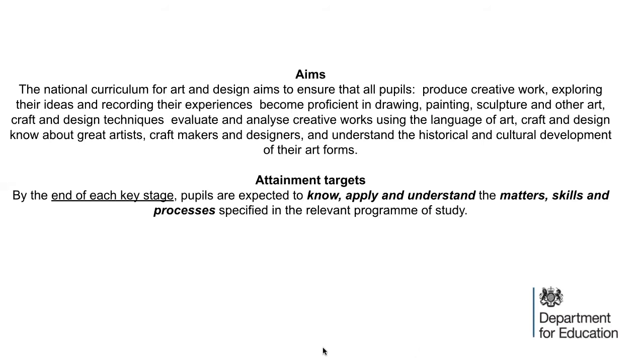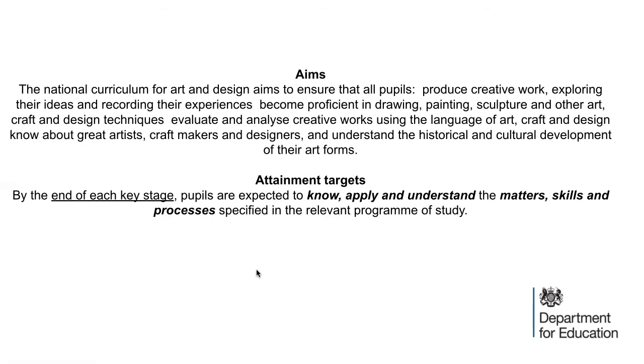So you're probably familiar with the DfE information about art and design in primary school, and we think about it in terms of attainment targets. By the end of each key stage, pupils are expected to know, apply and understand the matters, skills and processes specified in the relevant programme of study.